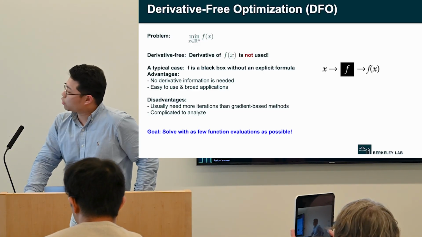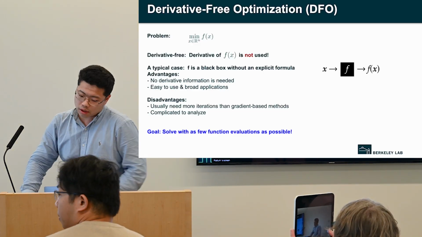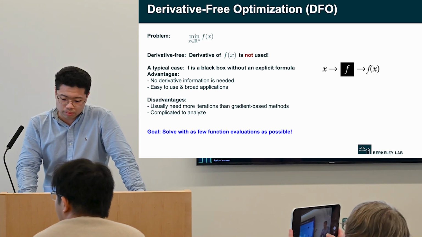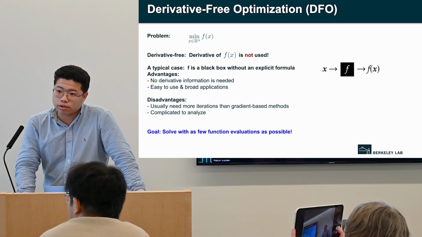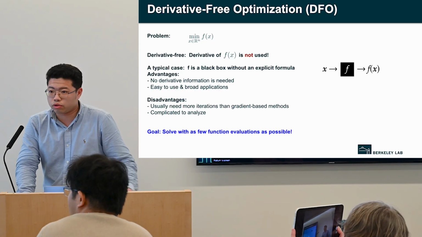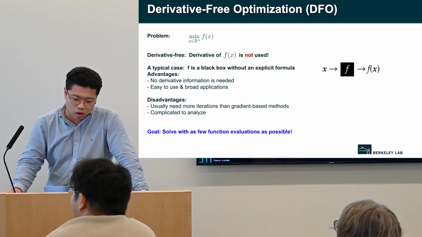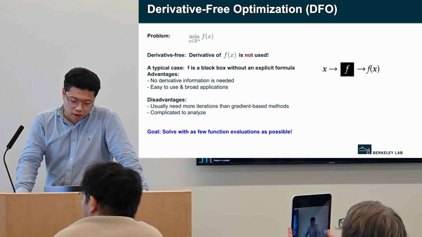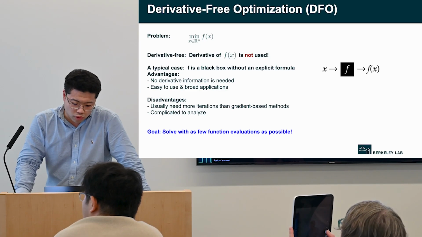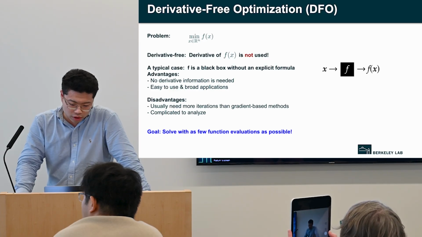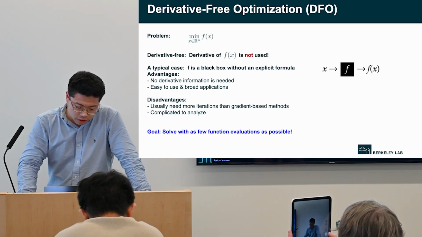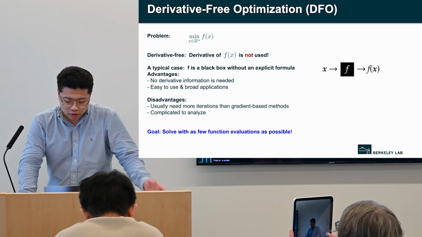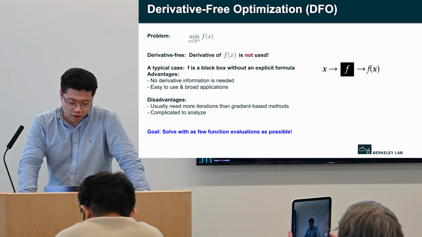In this talk, I'm going to discuss the simplest unconstrained derivative-free optimization problem, where derivative-free actually means that during the whole optimization process, we are not using any accurate information of the derivative or gradient of the objective function. A typical case is that f is a black box without an explicit formula.